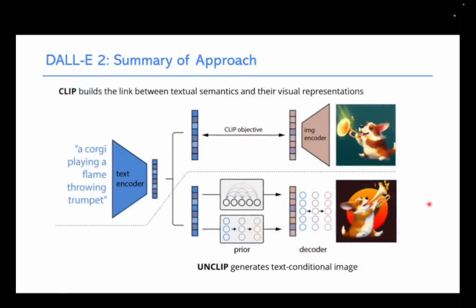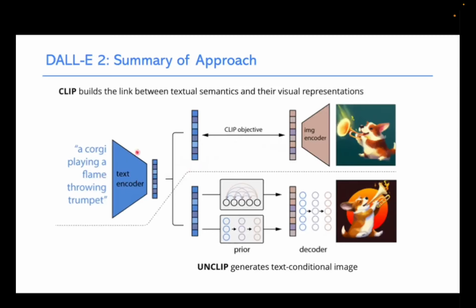So in summary, what is DALL-E 2? The upper part is actually CLIP. We input the image and the text, and we encode them using the CLIP objective into the same latent space.